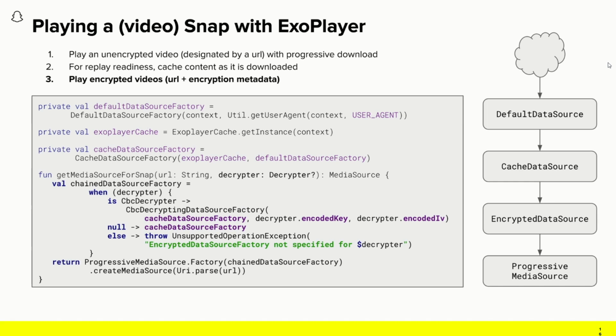And second, the CBC decrypting data source factory you see here is a custom implementation of ExoPlayer's data source factory interface. It's really easy to add a custom data source to transform media in any way you want, like we do for decryption. So this slide shows how we've implemented media download, caching, and decryption for videos in StoryKit with ExoPlayer. Now let's look at how the rest of a snap is played.